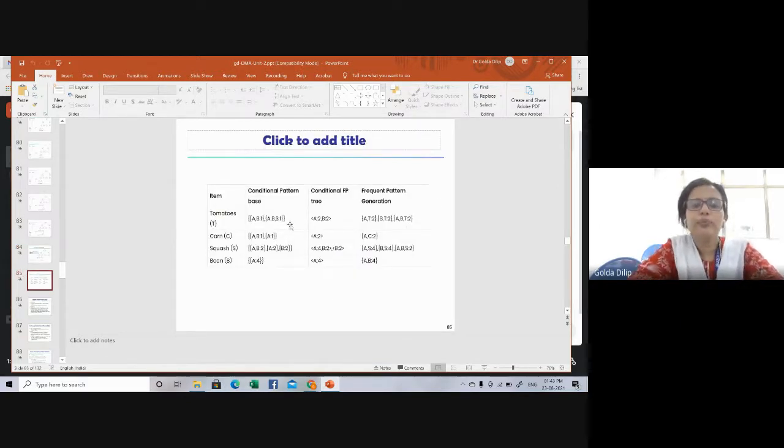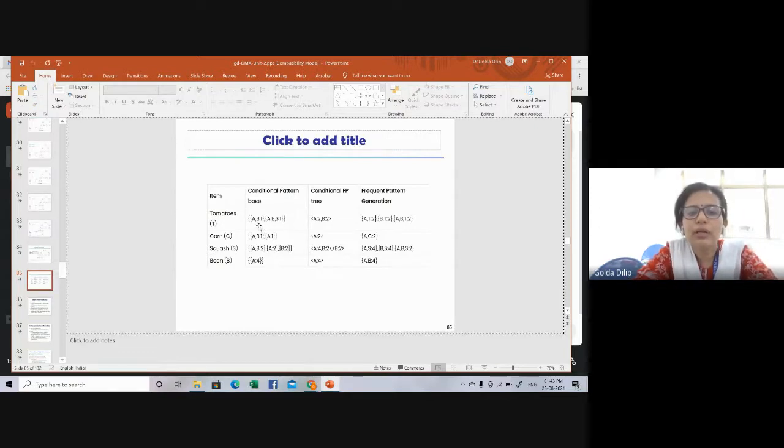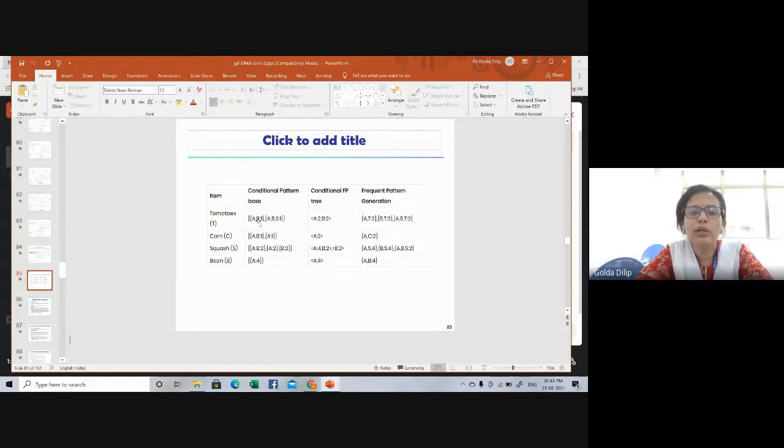Now I prepare my conditional FP tree. What are the common items here? A and B are the common items here. A count is here 1, A count is here 1, so 1 plus 1 becomes 2. The second common item is B, which has a count 1 here and 1 here, so it becomes 2.